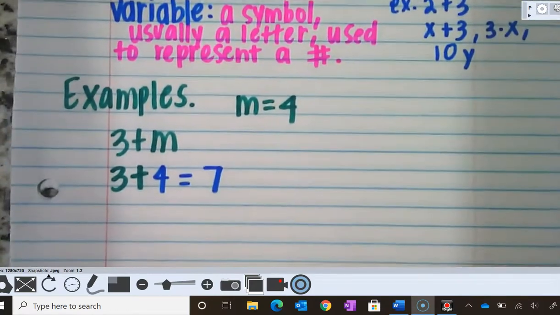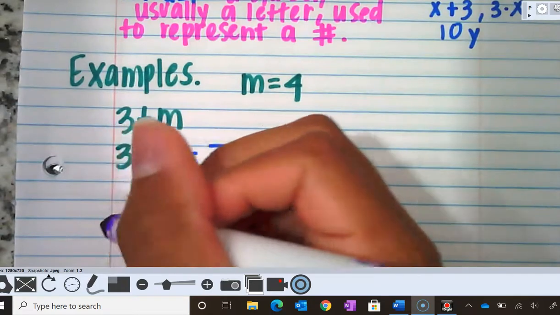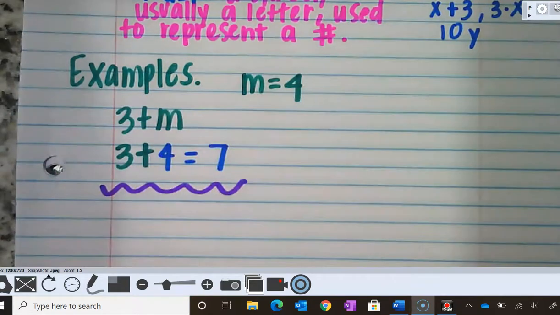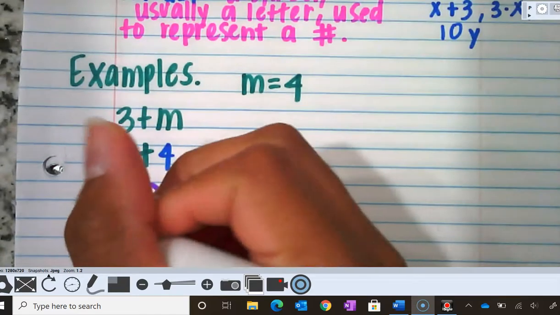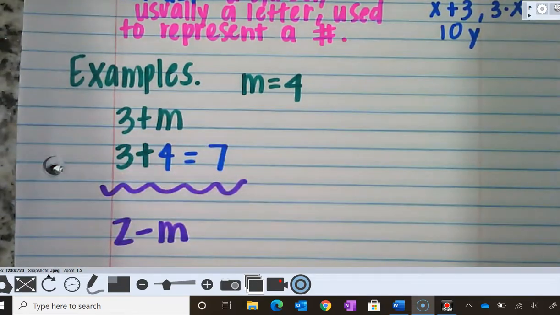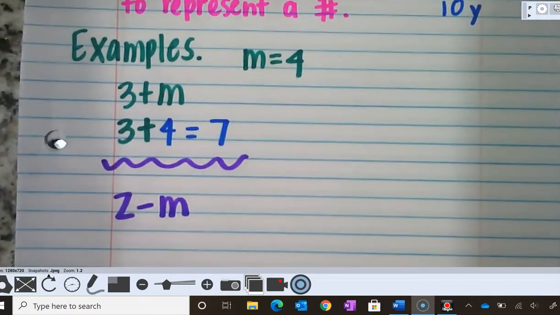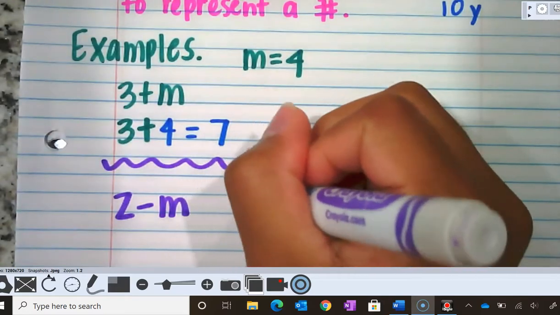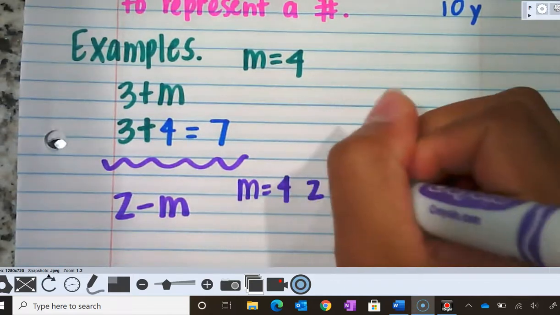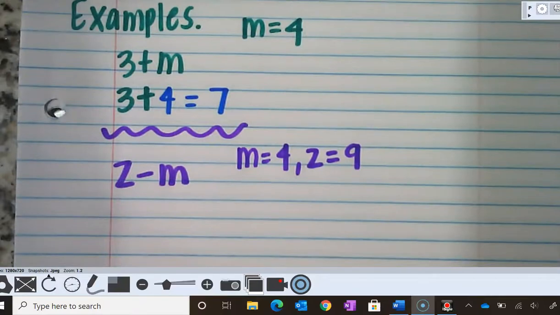So let's try another example. Let's try z minus m. So already we know m is equal to 4, but let's imagine z is equal to 9. So m is equal to 4 and z is equal to 9. So what are we going to do with these values?